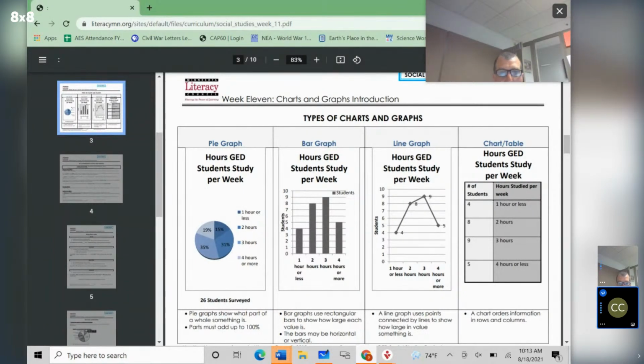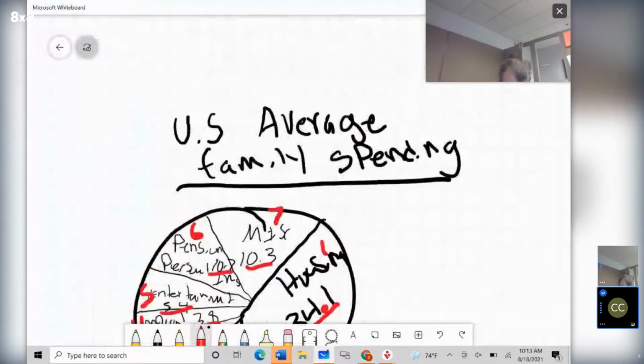But really what you want to do once again, is look at the title. And this one was hours GED students study per week. And the one that we just did was U.S. average family spending. And the title is always going to be at the top, so keep an eye out for that. All right. So that's going to be it for today.